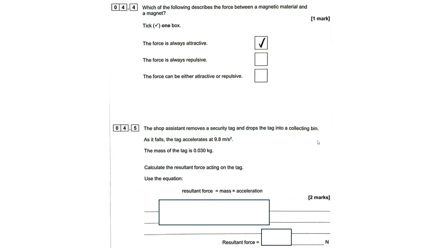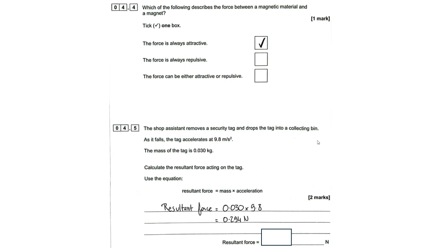So the mass is 0.03, the acceleration is 9.8. So to calculate the resultant force, we're going to do 0.03 times 9.8, which is 0.294 Newton. And that is the answer that would give you the 2 marks. Again, show your work always, just in case something goes wrong with your calculator. If you have 0.03 times 9.8 somewhere, that gives you a mark.